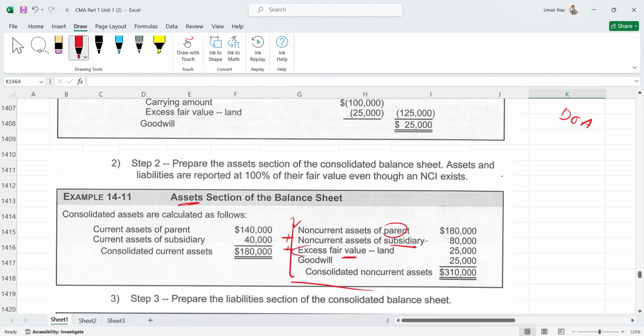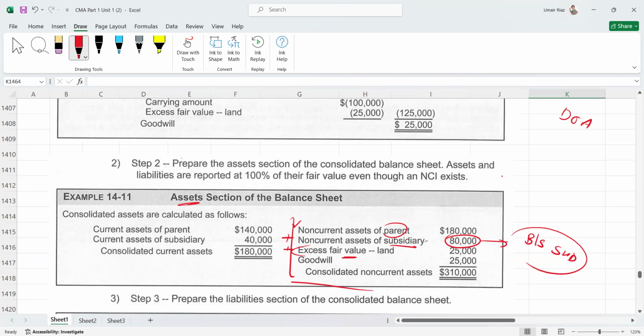What is excess fair value? Whatever assets of the subsidiary are showing in the subsidiary's balance sheet, those values are called carrying values, right? Sometimes the fair value of certain assets at the date of acquisition might be different than the carrying value.